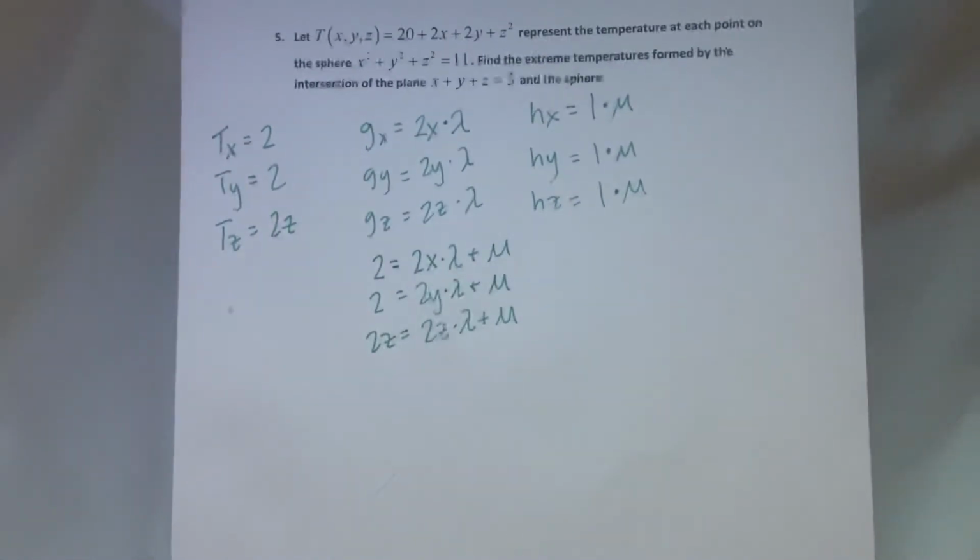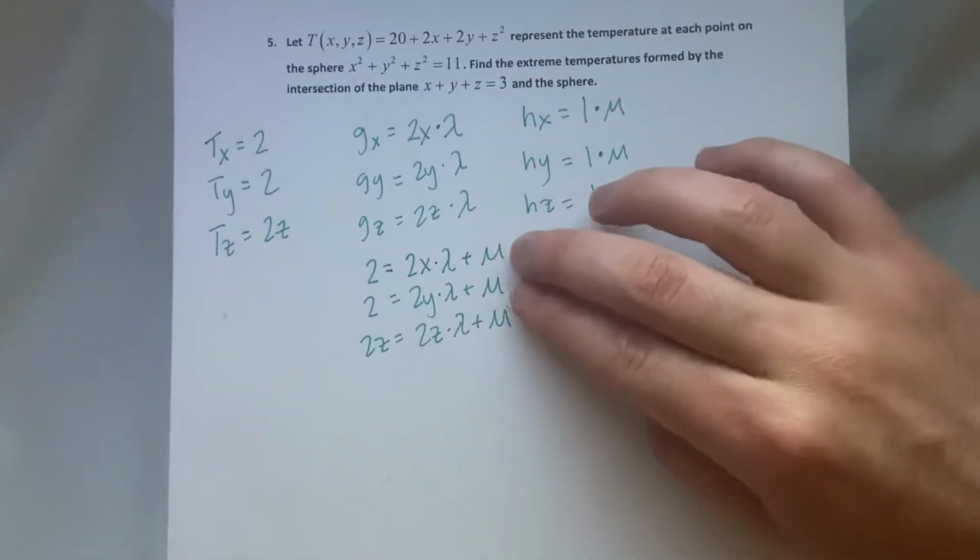Now you're thinking to yourself, there are 5 variables in this equation, and that's not fun for me when I have 3 equations. So we're going to have to be clever here in order to solve this, and it has to do with looking at these 2 equations.